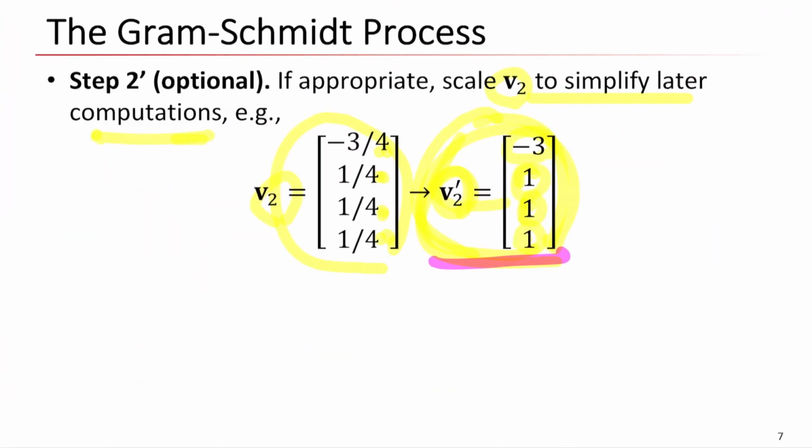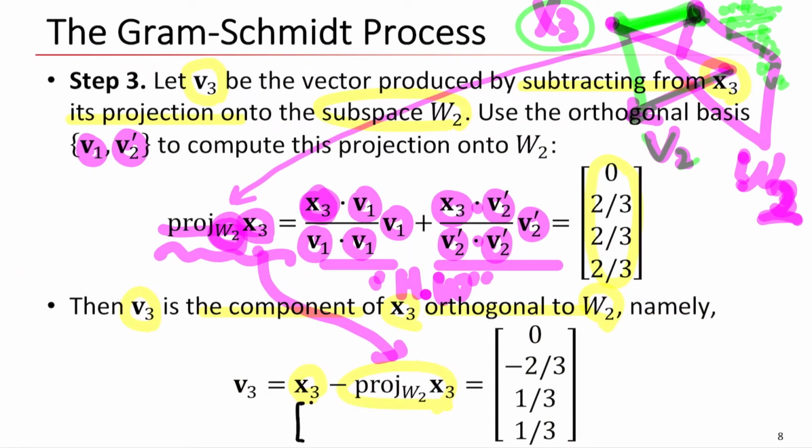X3 was 0, 0, 1, 1. And this one is 0, 2 over 3, 2 over 3, 2 over 3, right? Finally, V3 is equal to this one minus this one, right? So it should be 0, negative 2 over 3, 1 over 3, and 1 over 3, right? So this is the V3.